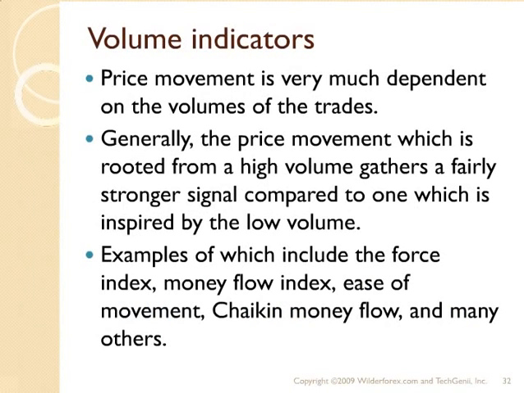Volume indicators. Price movement is very much dependent on the volumes of the trades. Generally, the price movement which is rooted from a high volume gathers a fairly stronger signal compared to one which is inspired by the low volume. Examples include the Force Index, Money Flow Index, Ease of Movement, Chaikin Money Flow, and many others.